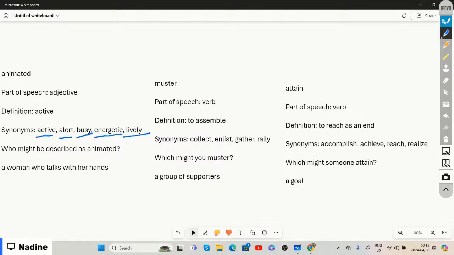Those are words that have the same meaning or almost the same meaning. It means that they are maybe active or alert or busy or energetic or lively. So now the question is, who might be described as animated?